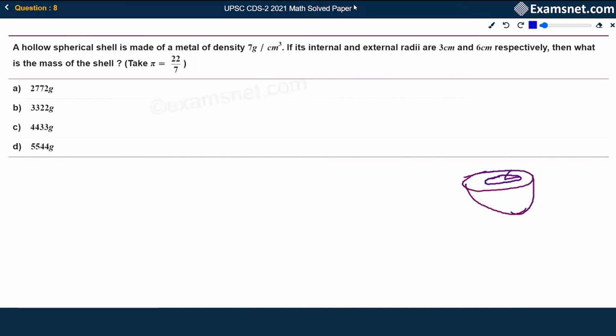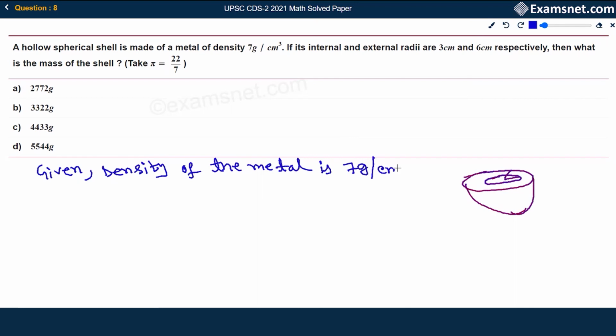In question number 8, it is given that a hollow spherical shell is made of a metal of density 7 gram per centimeter cube. If its internal and external radius are 3 centimeter and 6 centimeter respectively, then what is the mass of the shell? So it's given here that the density of the metal is 7 gram per centimeter cube, correct?